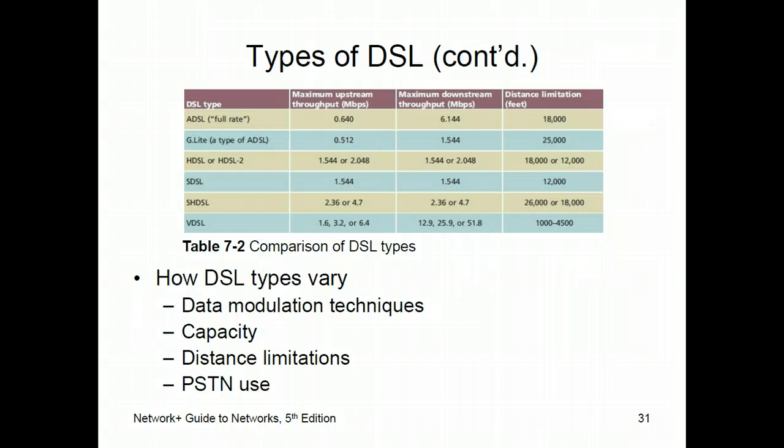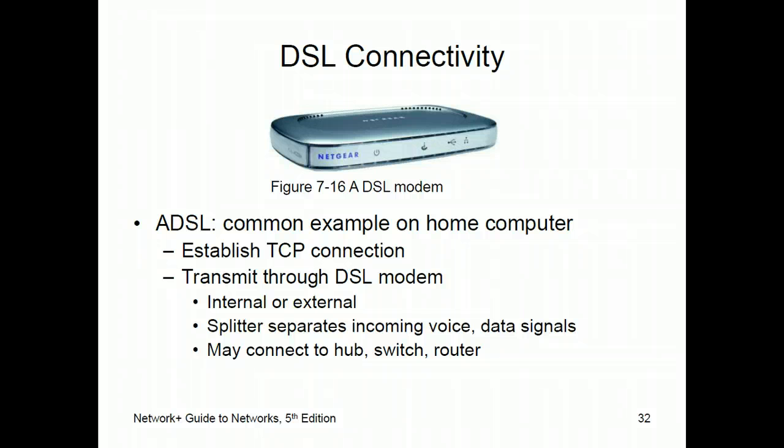So it varies on data modulation on DSL, capacity, distance limitations, and the PSTN use. PSTN use, basically, when they refer to anything PSTN, that's how close you are to that drop in that area for that connection. Here's a Netgear DSL modem, very common one.